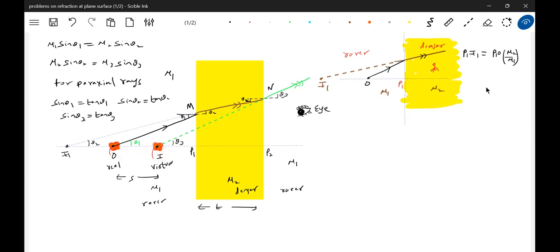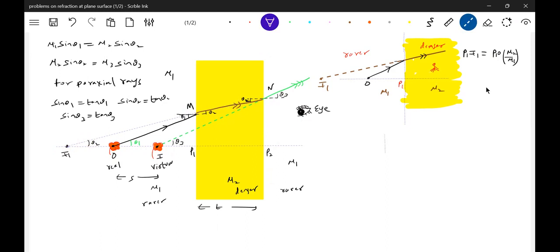Now let's come to this one. After refraction, this I1 will become the object for this interface, and for the eyes, the green color rays, what will reach the eye? Though this I1 is there in the rarer medium, you have to treat it as if the rays are coming from I1. So here the approach will be a little bit different.